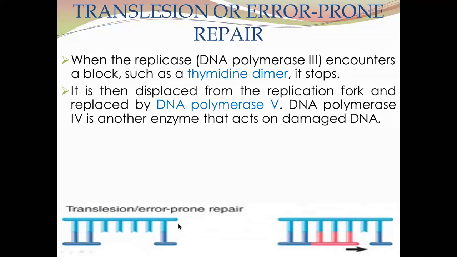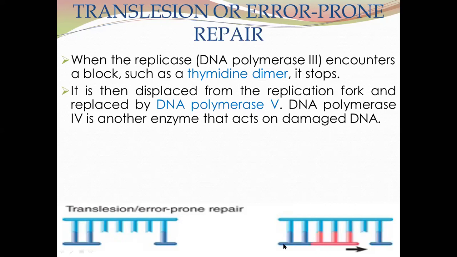So this diagram explains the concept of translesion or error-prone repair. During the process of replication, when there is a damaged segment in the DNA, DNA polymerase III cannot continue the replication process. Then DNA polymerase III, commonly known as replicase, is displaced from the replication fork and DNA polymerase V replaces the replicase.